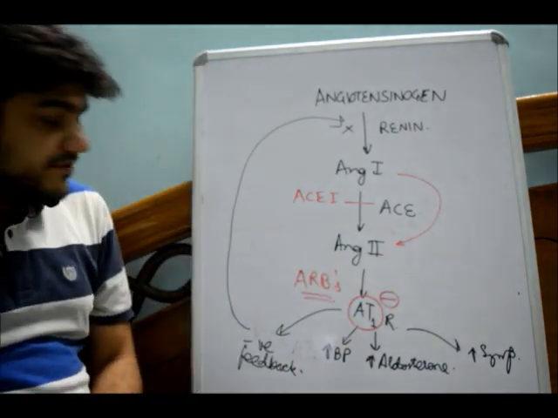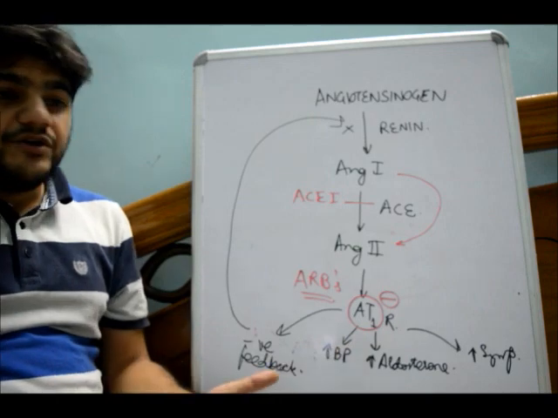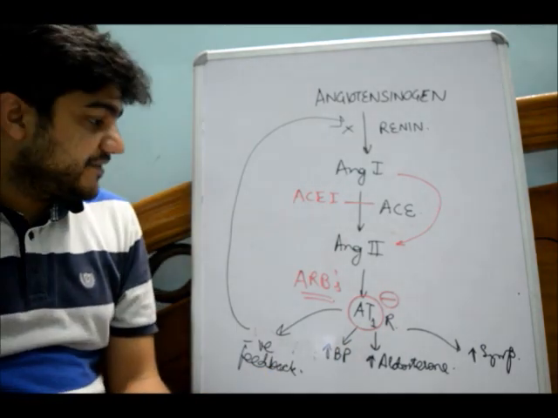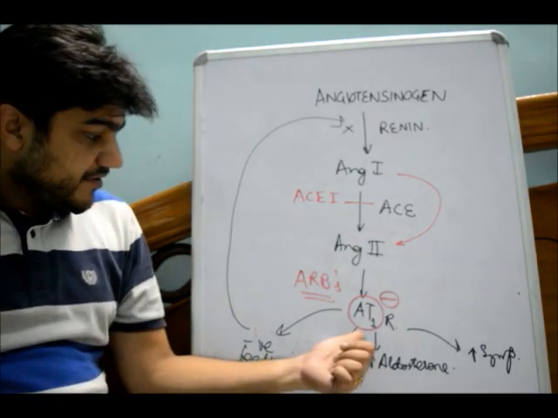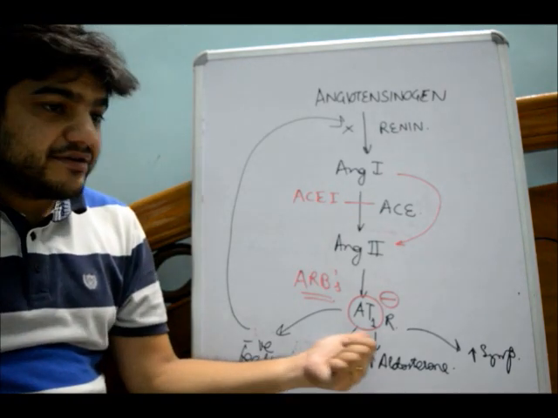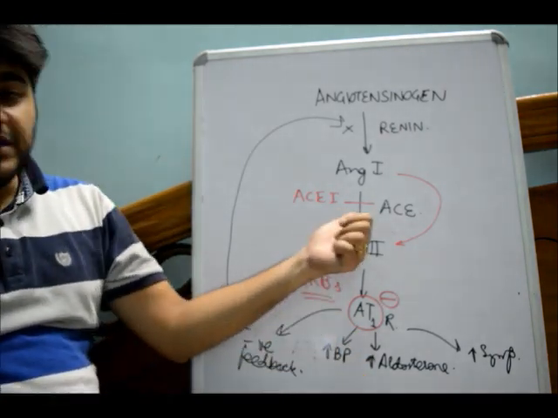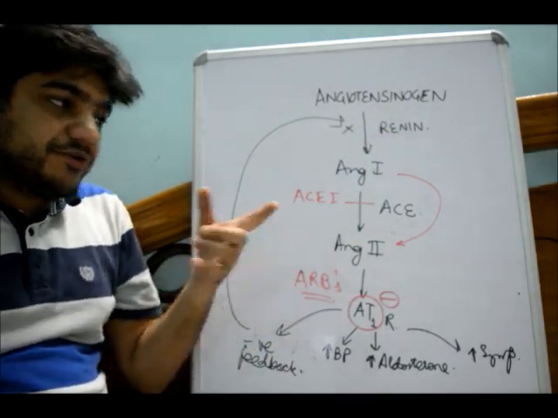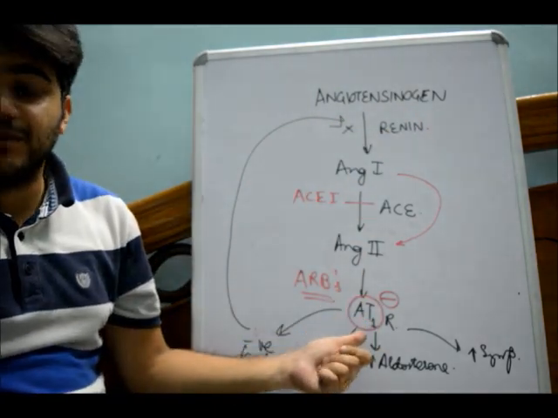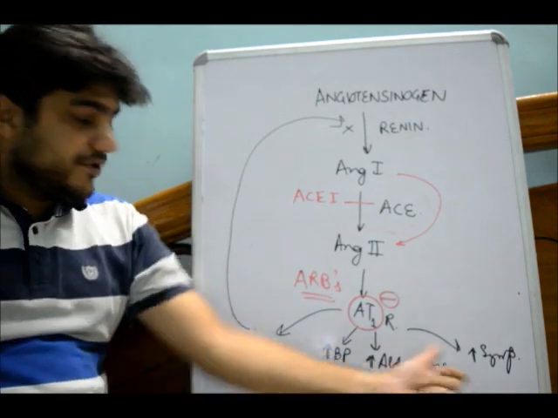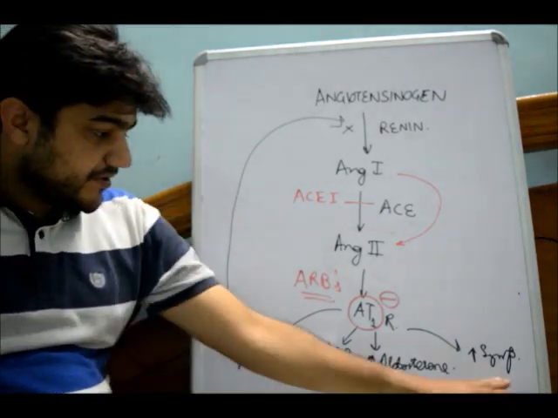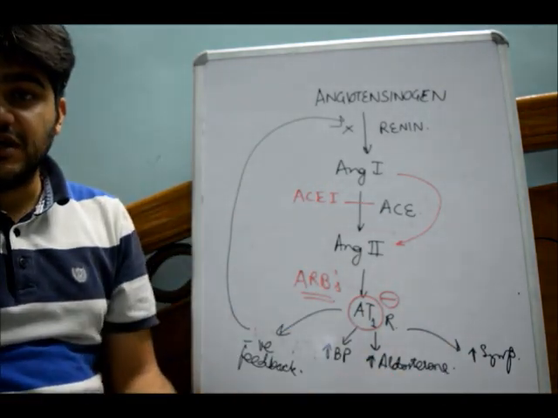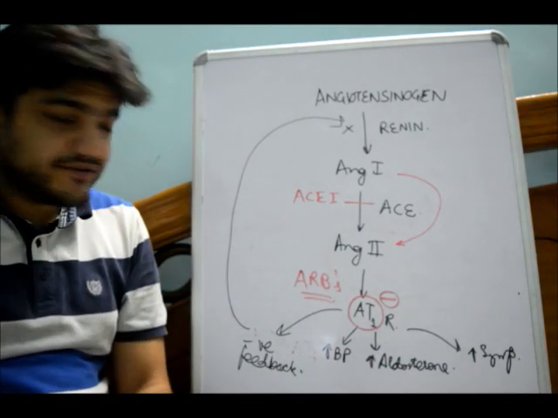These ARBs provide you a more complete blockade of the system. Why? Because they inhibit this receptor. Now it does not depend on the source of angiotensin 2; it will not be able to act on the AT1 receptors, and it will not cause all these problems which can eventually happen in a hypertensive.